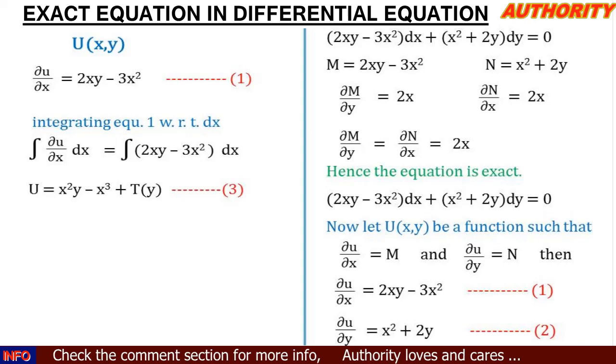So t of y is the only thing holding us now, and we want to know what t of y is. Let's call this equation 3: u equals x squared y minus x cubed plus t of y.